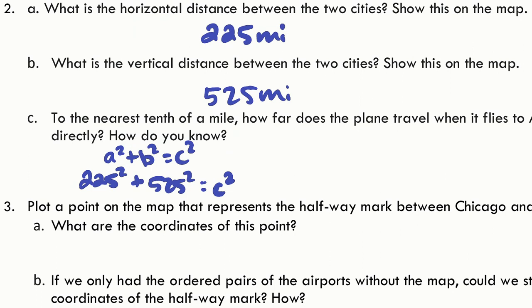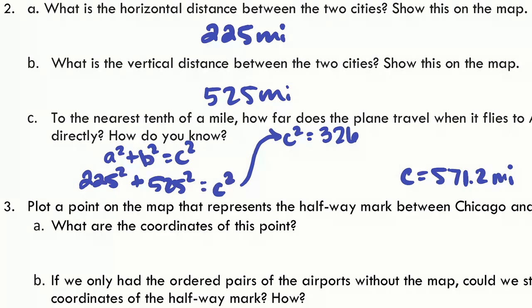All right, did anybody get an answer for this on your own? Good. All right, so I'll go through the steps. When you add those two together, you get 326,250. And then to get c, you're going to do the square root of that.